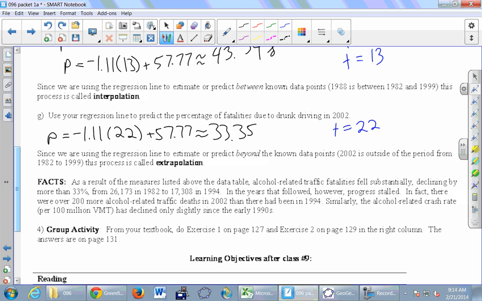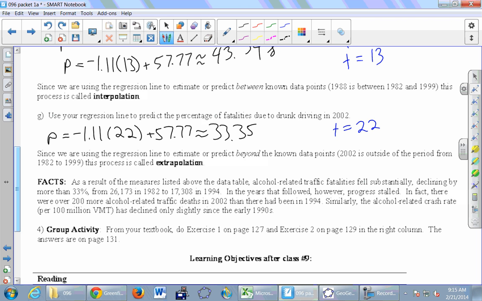Generally speaking, would you feel more comfortable using a line of best fit to interpolate between the data points or extrapolate something outside of the data points? Which one do you think is safer in terms of estimating? Between or outside? It's between. There's a danger in using the past to try to predict the future. And in fact, we don't need to read this whole paragraph, but it turns out that that decline in percentage actually kind of stalled in the years following the data that we have.